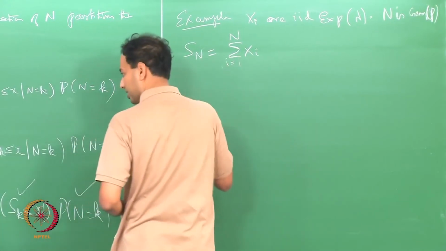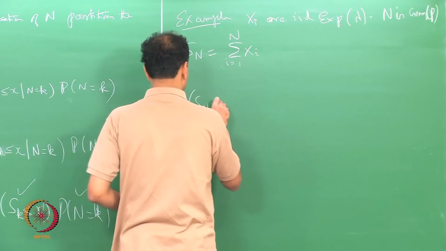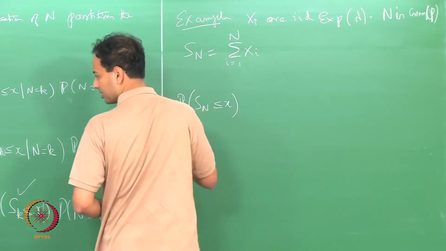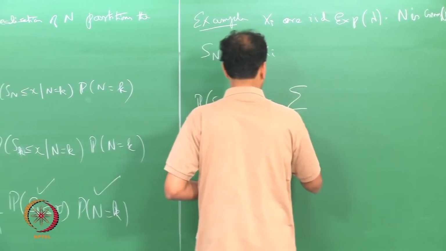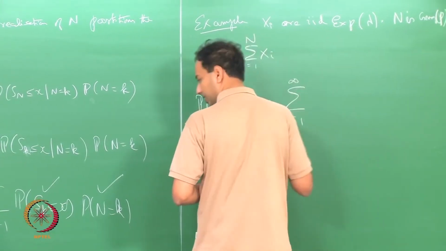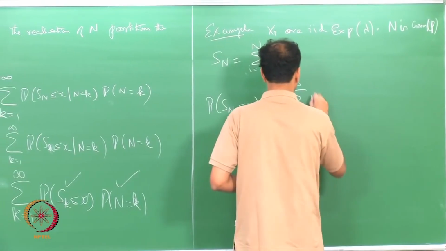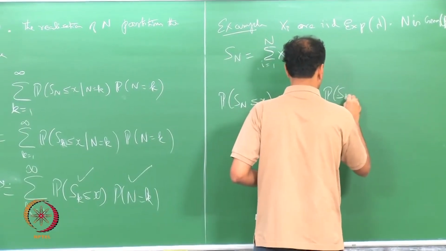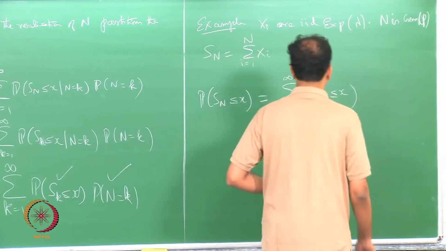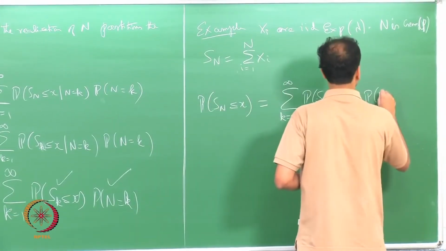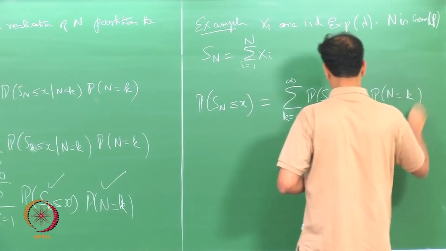So, you can just write the probability of S_N less than or equal to little x is equal to the sum over k equals 1 through infinity of the probability S_k less than or equal to x, times the probability N is equal to k.